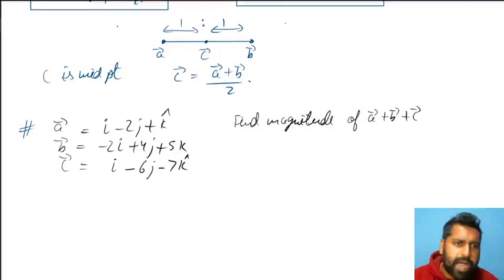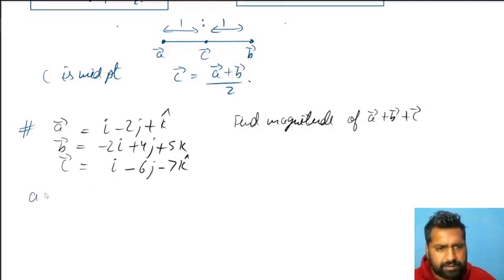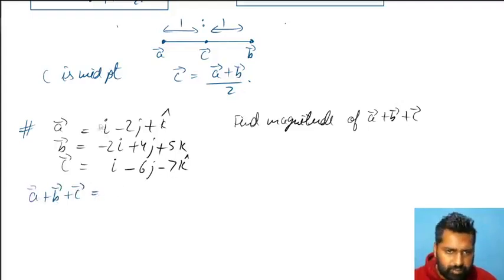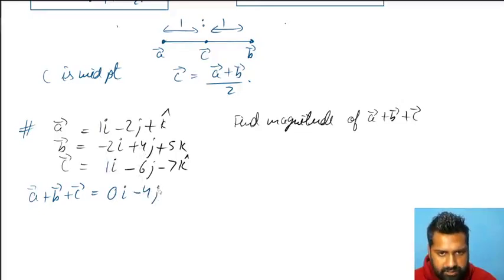So first of all, you have to add them. Let's add them. A vector plus B vector plus C vector. How do we add them? i with i, j with j, k with k. So 1 plus 1, 2, minus 2, 0. So 0i. 4 plus 4 and minus 8, so minus 4j cap. And minus 7 plus 5 plus 1, 6 minus 1, minus 1k.